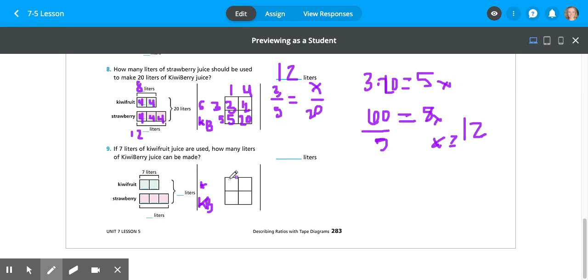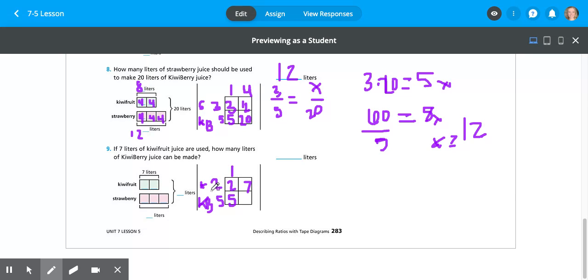We have 2 parts of kiwi fruit and 1, 2, 3, 4, 5 overall for the kiwi berry. And we have 7 liters of kiwi fruit juice. So here we know it's going to be a 1, our 2, our 5.